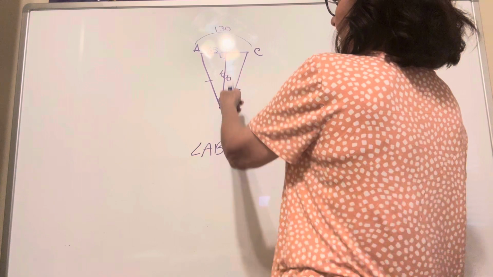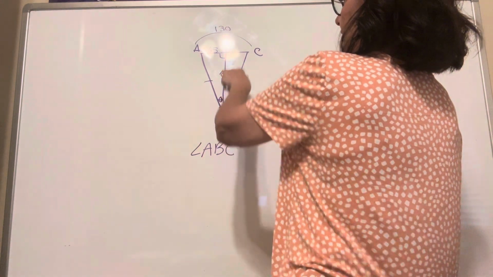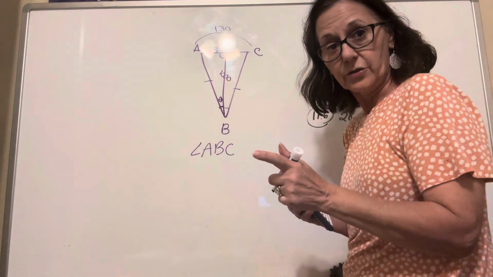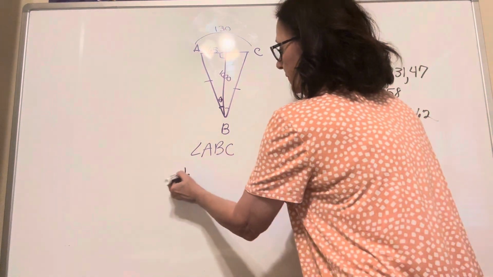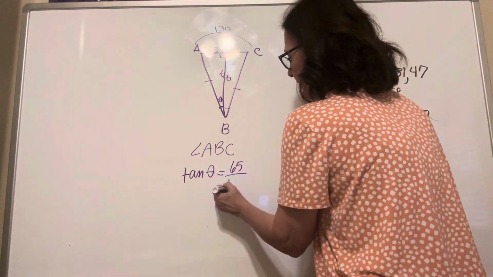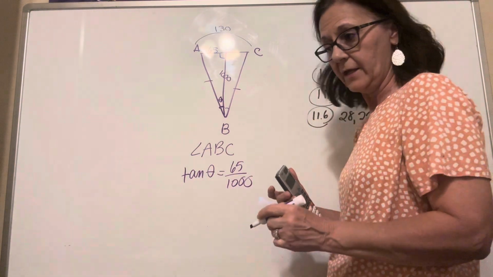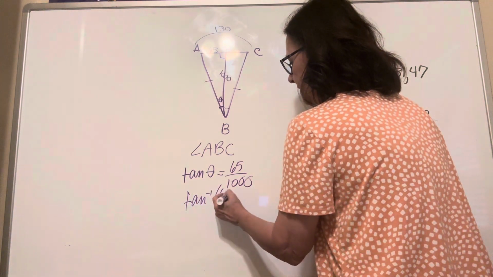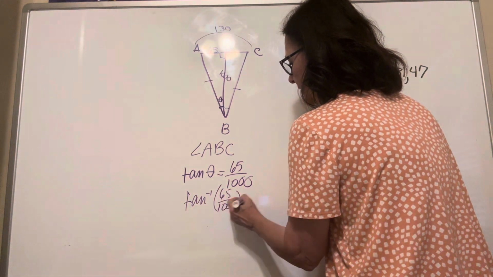In terms of theta, I have the adjacent and I have the opposite. So I'm going to use the tan. So the tan of theta is the opposite over the adjacent, but because I'm solving for the angle, I have to use the inverse. Inverse tan, 65 over 1,000.